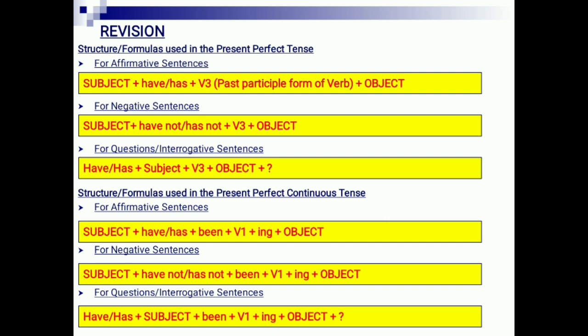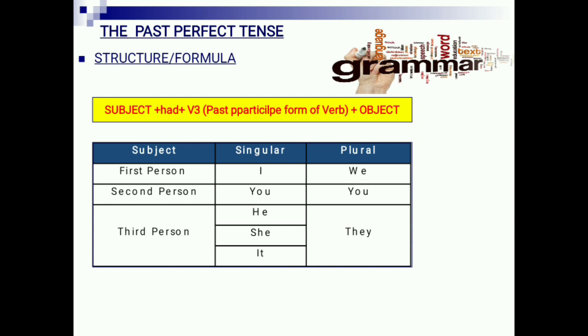For interrogative sentence, that is question, has or have will come first, then subject plus been plus V1 ing plus object. Students, I'm not going to explain these formulas because in the previous lesson you have learnt everything about present tense. So let's start today's session.